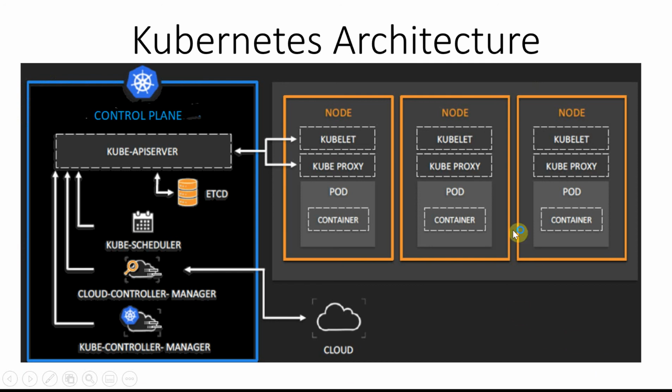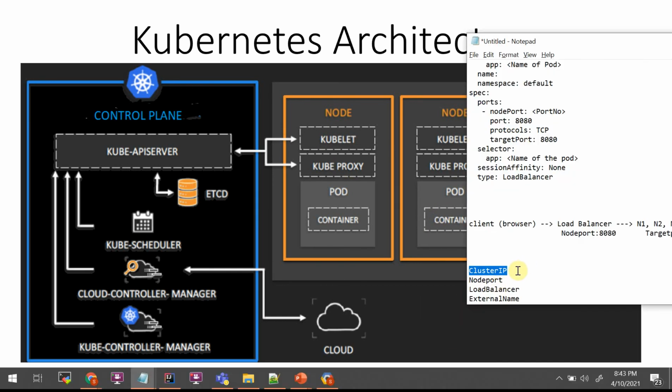The cluster is nothing but this entire thing: the master node and three worker nodes together form a cluster. Within this cluster, you can access anything. Basically, you're telling the scope is the cluster, which means anything within this cluster can talk to each other without any problem.